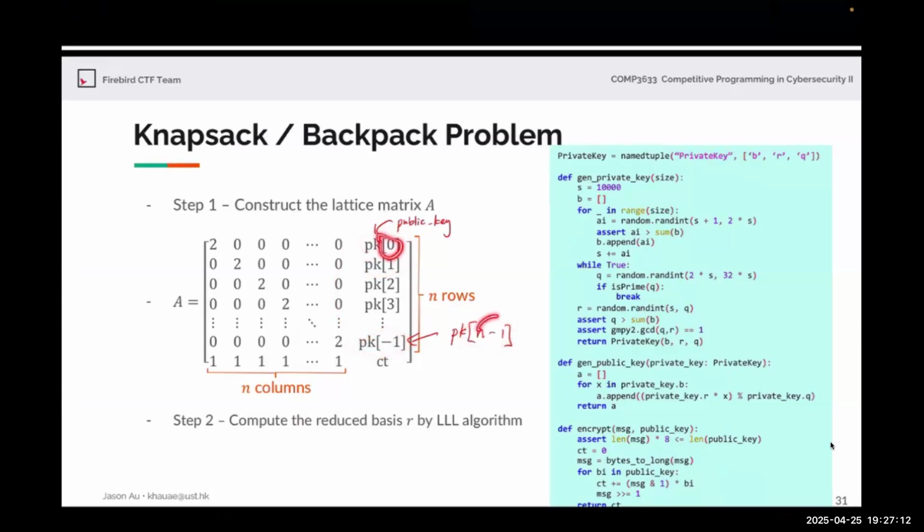So in total we have n rows, and for the last row we have all 1s here, and the last element is the ciphertext. It's also a number. It's the encrypted flag, or we call it the ciphertext.